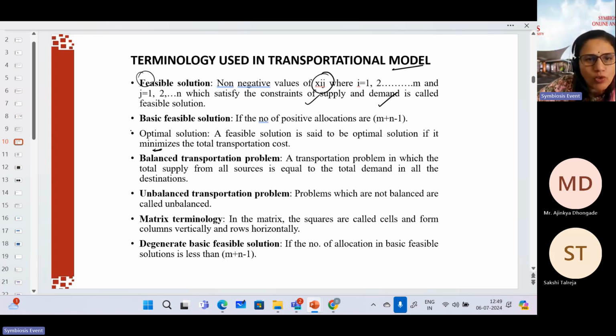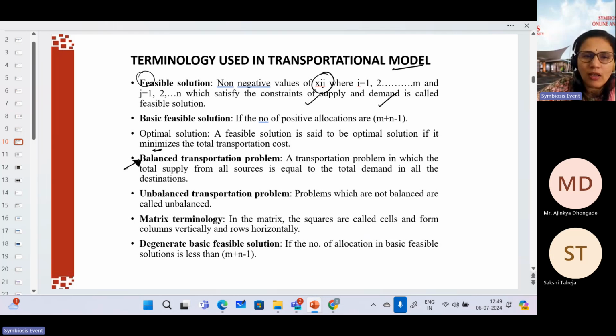Now, so far, all these three terminologies we have used in LPP. Now, this is important. In place of that, this is new. Balanced transportation problem. A problem is said to be balanced if the number of supply units is equivalent to the number of demand units, right?